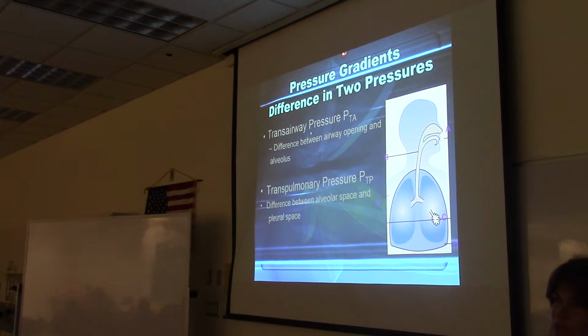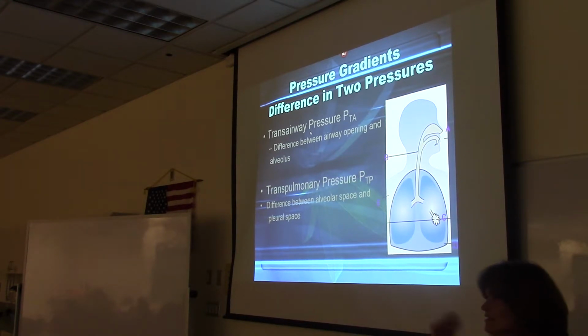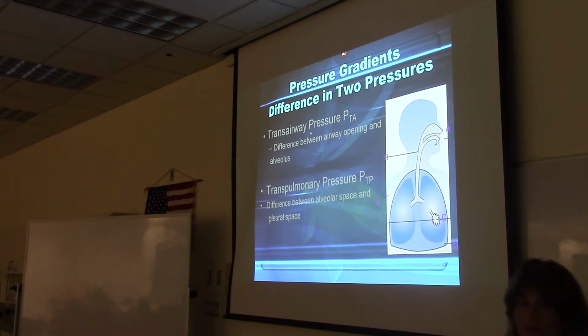So what is the pressure at the beginning? What is the pressure at the end? That would be trans airway pressure. So the difference between the airway opening pressure and the alveolus. And then transpulmonary pressure is the pressure between the alveolar space and the pleural space.